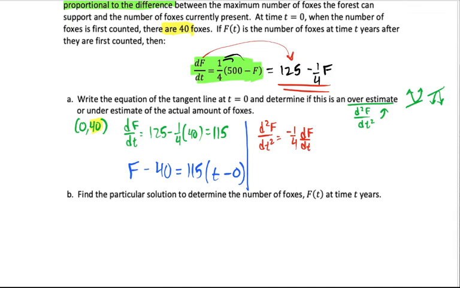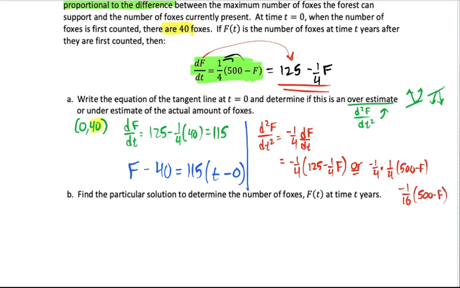And it just so happens that we know what that is, right? It's literally written up there. So we can replace this with 125 minus 1/4 f if we want, or it might actually be easier for us to write it the other way, which was the negative 1/4 times the 1/4 of 500 minus f, because this way we can write it as a negative 1 over 16 times 500 minus f, a little bit easier to work with.